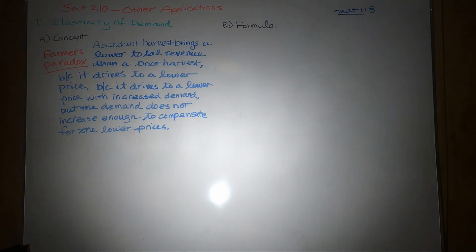We are on section 2.10. We are going to learn two more types of applications. So far, before exam 1, we have been learning the skills and tools about first derivatives, and then we learned the second derivatives.